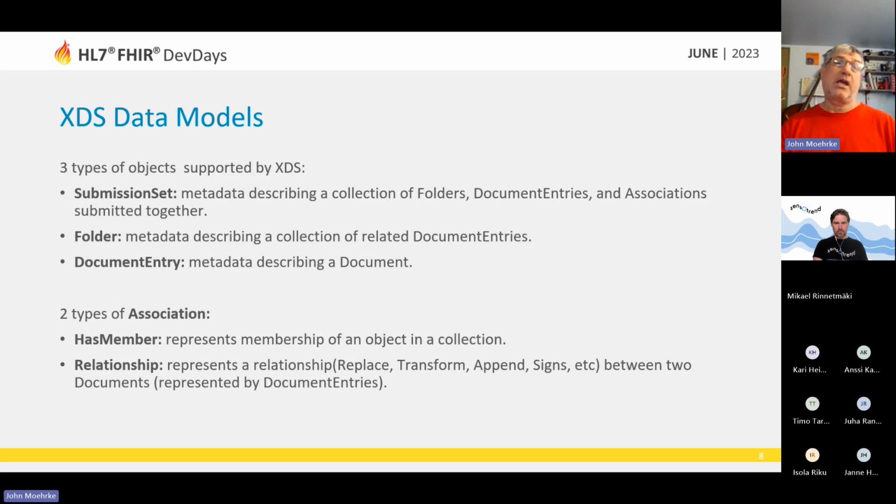Appends: hey, this document now has an appendix. Signs: we have an object that says this is the digital signature across this set of documents. So we have these kinds of relationships between entries so that you can see these relationships.